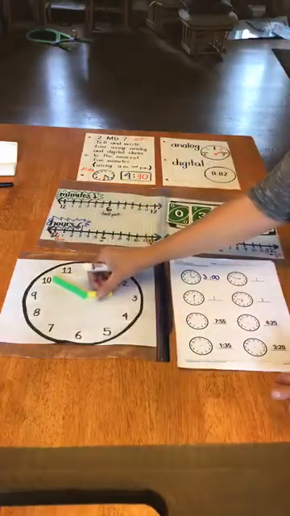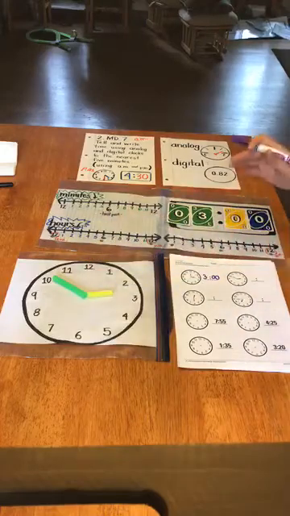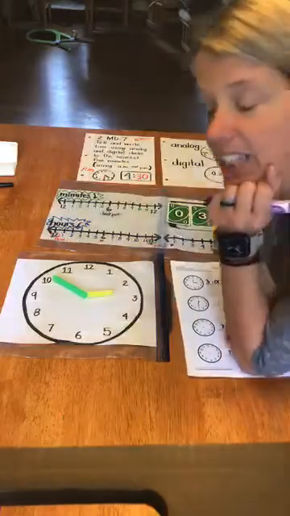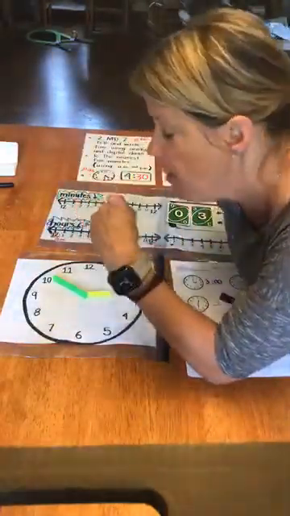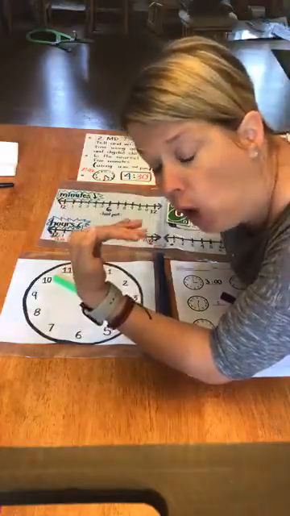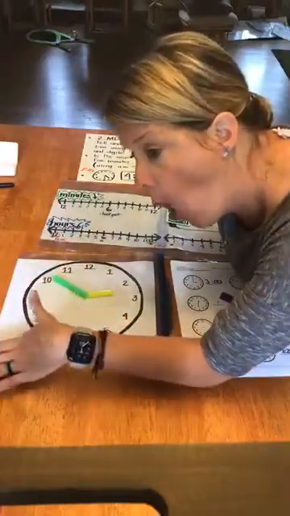And that's very, very hard to see, because remember we talked about last week how the hour hand moves too, but the hour hand moves very slow.